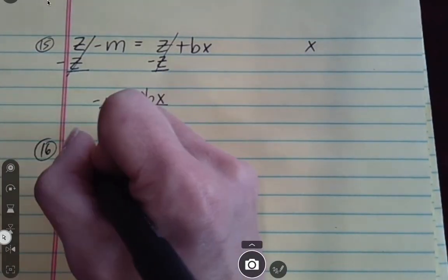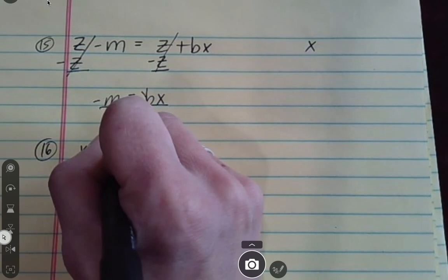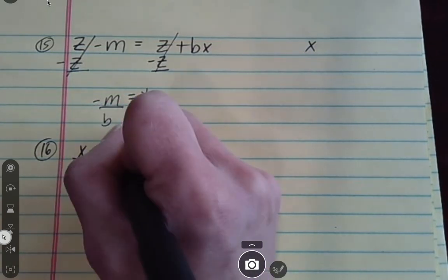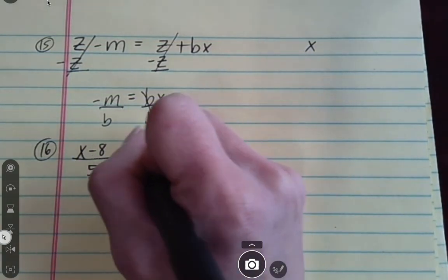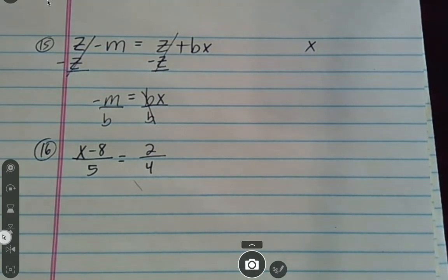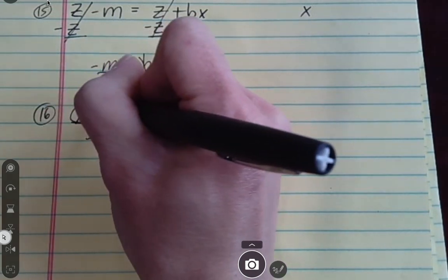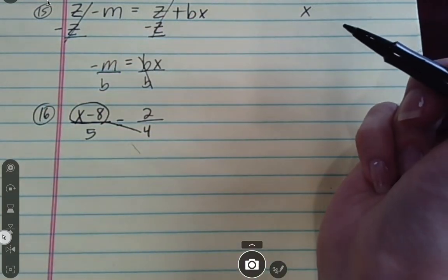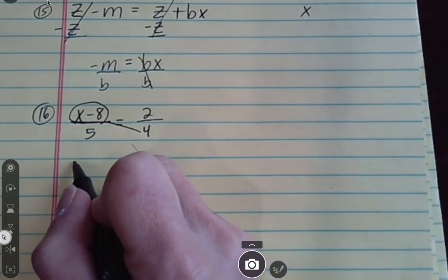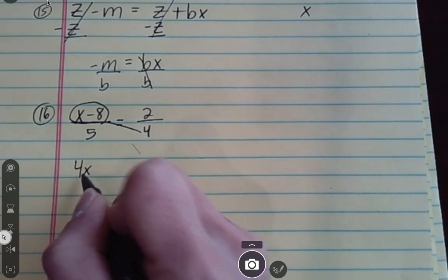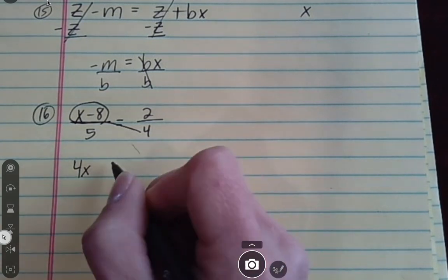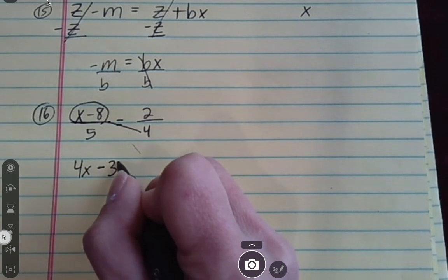Now we're at 16. This will get us, what, halfway there. (x minus 8) over 5 equals 2 over 4. So on this one, we cross multiply, okay? So that means I'm going to take 4 times all of that. So what is 4 times x? 4x. And then what's 4 times 8? 32.